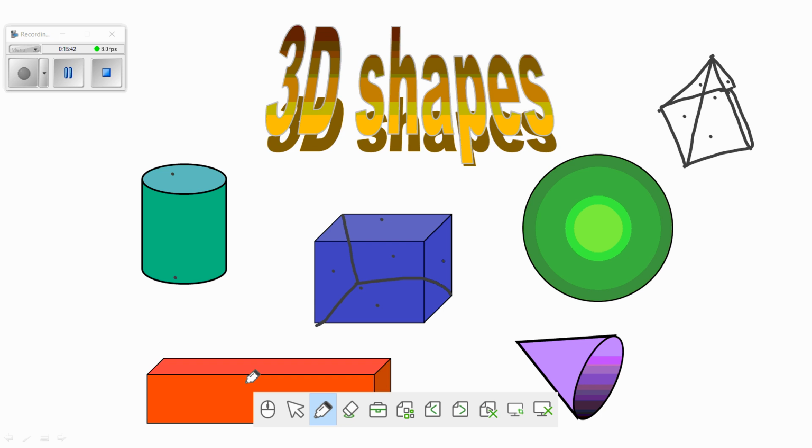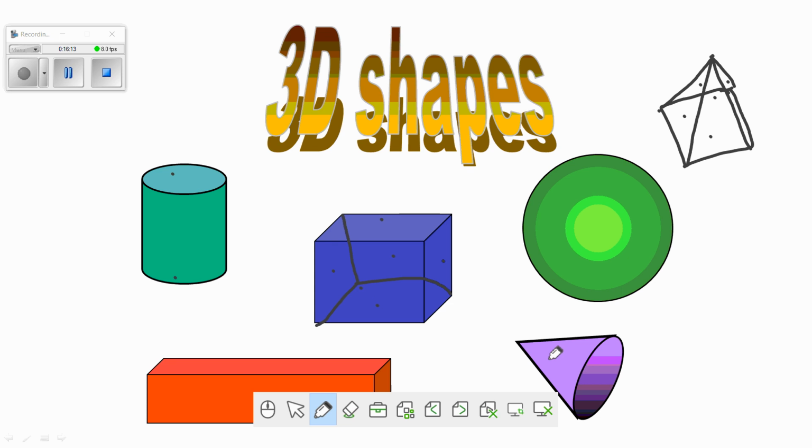Rectangular prism has 6 faces, but the faces are rectangles. Okay? So 6 faces, 12 edges, and 8 corners. The same number of the faces, edges, and vertices as the cube.